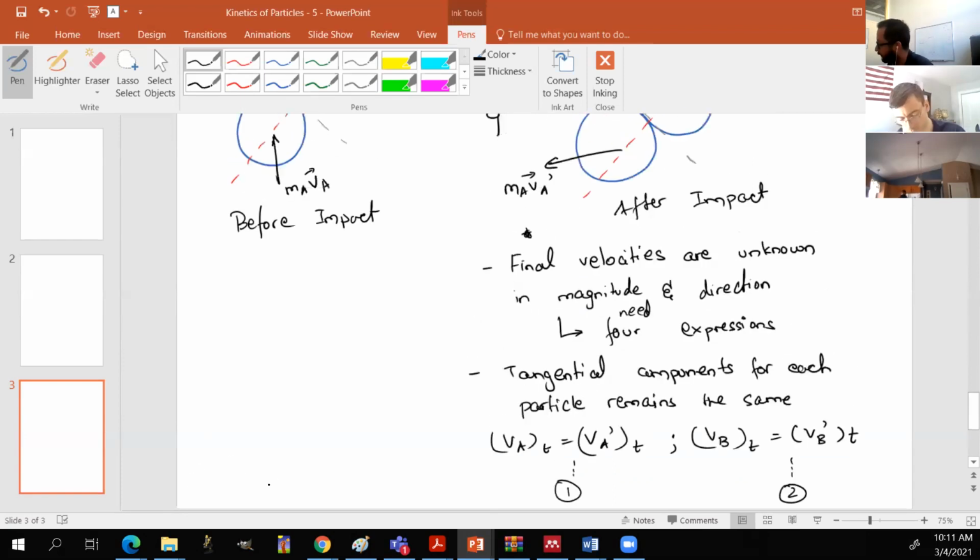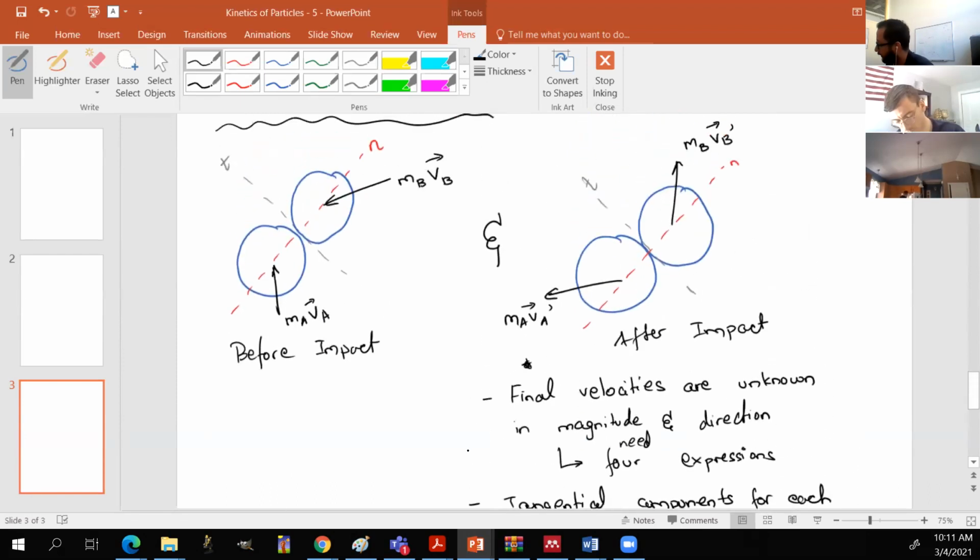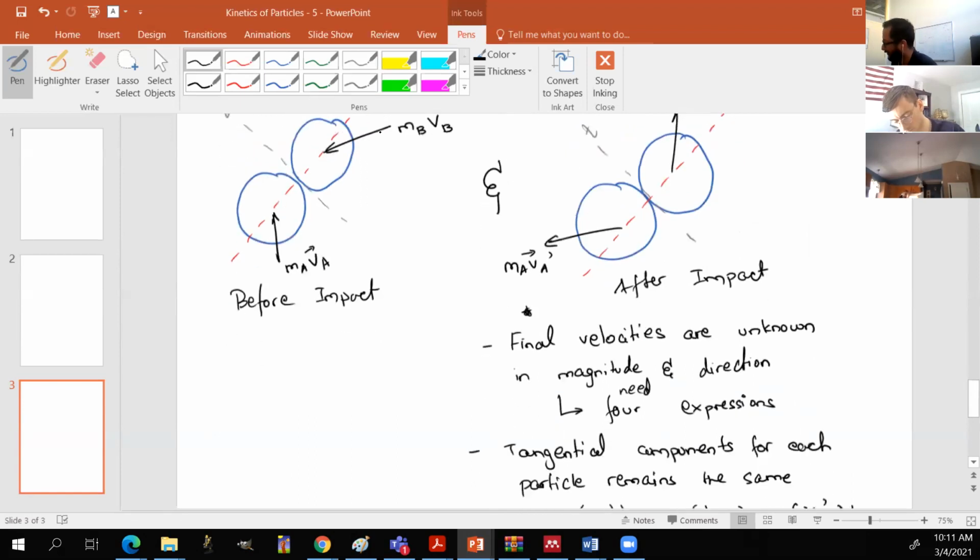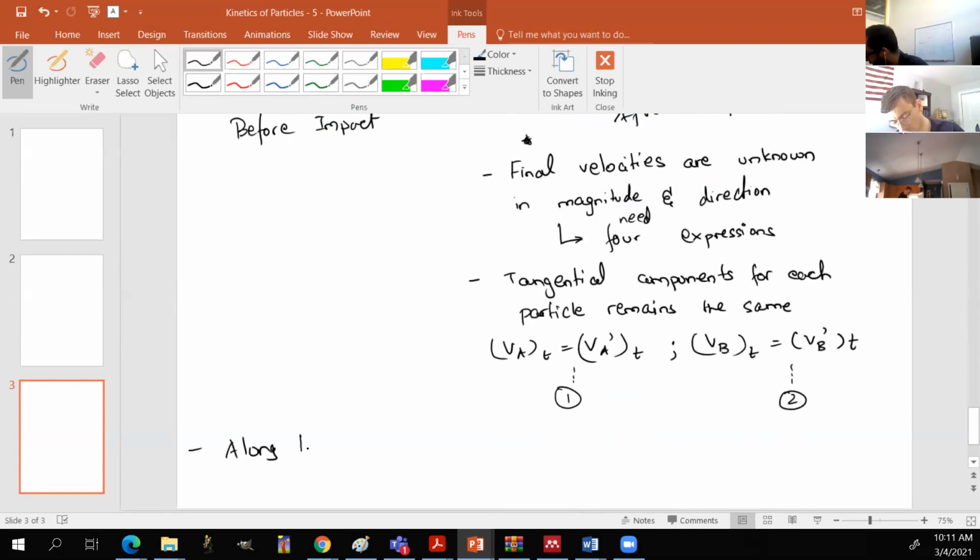Along this line of impact, or this normal direction that you define, the momentum is conserved. And it's the total linear momentum, so the whole system.